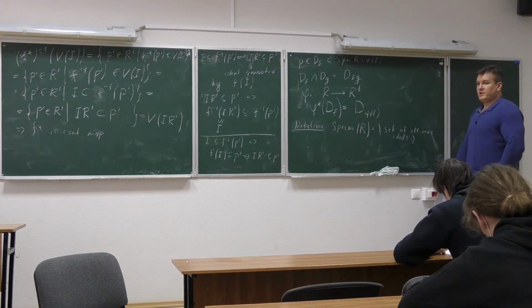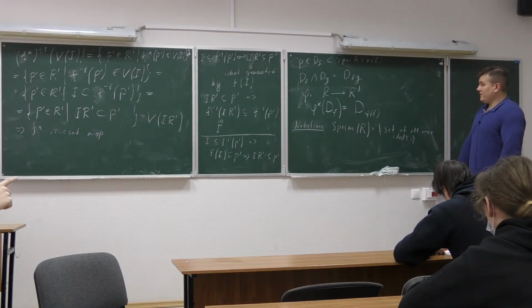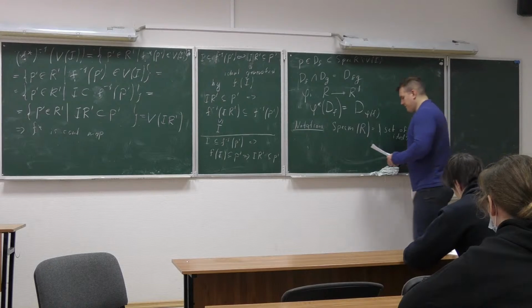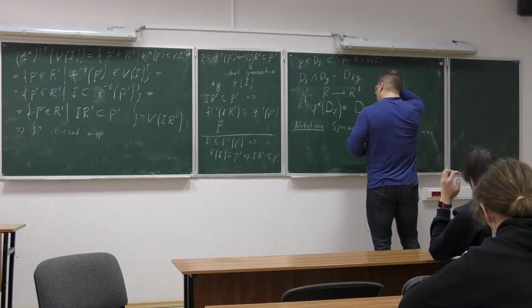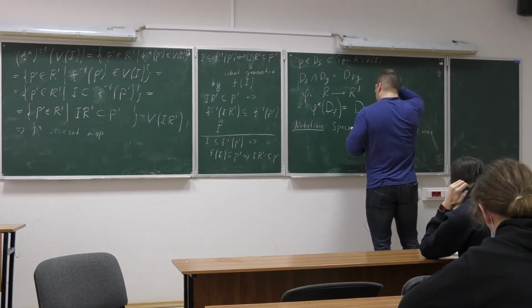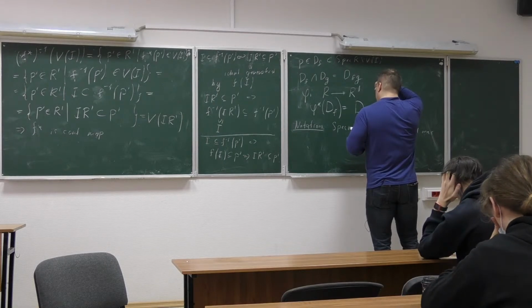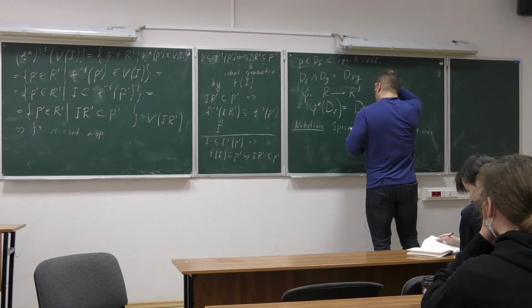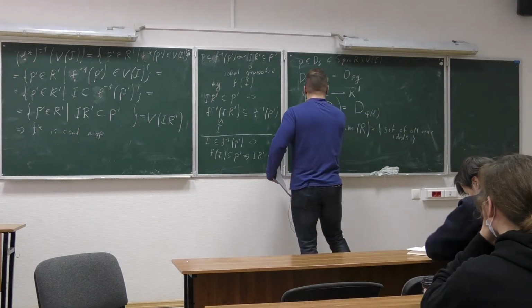There is no map. Should it be phi star or phi star inverse? Or how does it work? Where does f live, in R prime? Inverse, right. And it looks like f star.